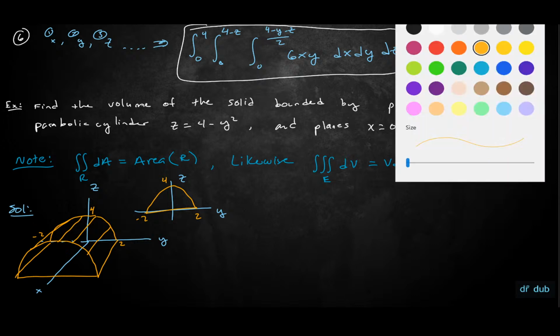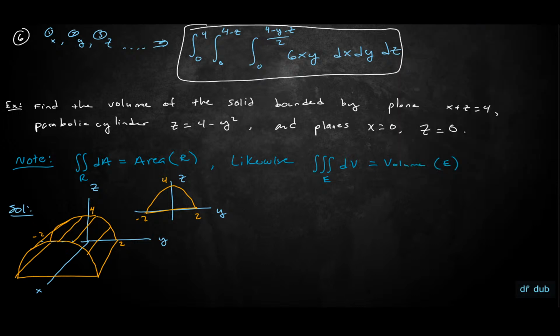Now, how do we plot the plane x plus z equals 4? It looks like a straight line. You could say that's z equals 4 minus x. So we'll say this is x equals 4 right here, and from 4 it's like a straight line coming down this way.